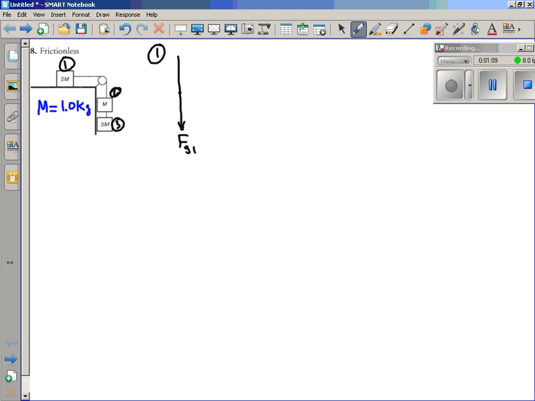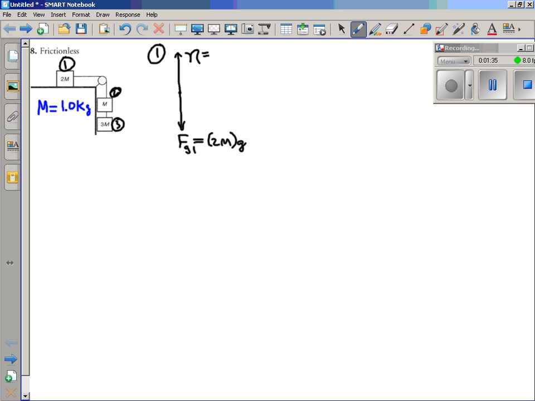We have in the upward direction the normal force, and we know that the force of gravity equals mass, which is 2m, times acceleration due to gravity. And since there's no acceleration in the up or down direction, normal force must be equal in magnitude to that.